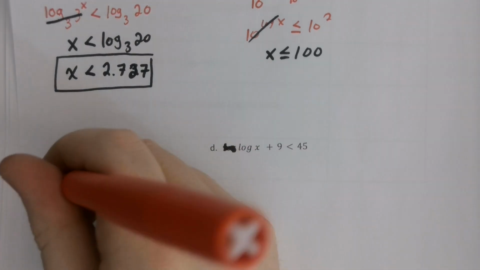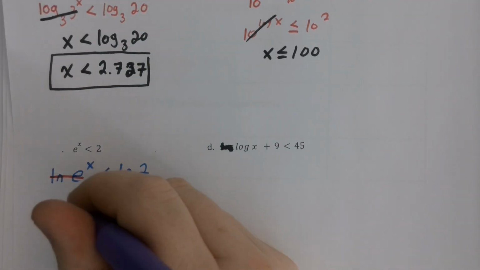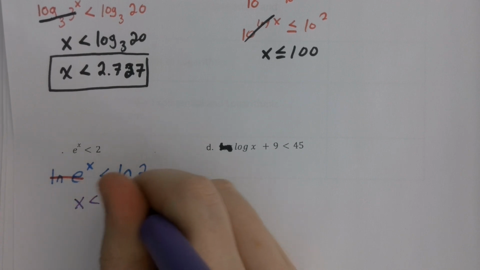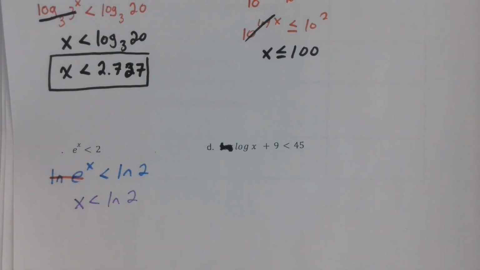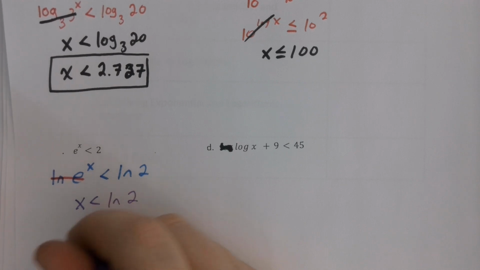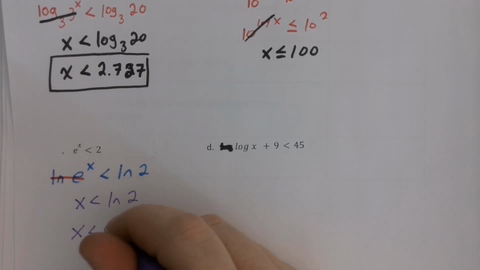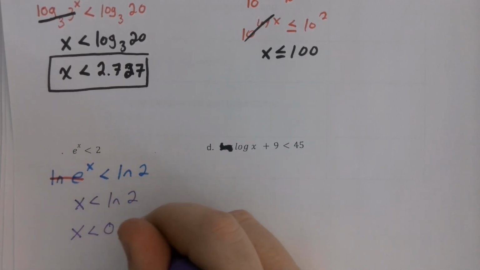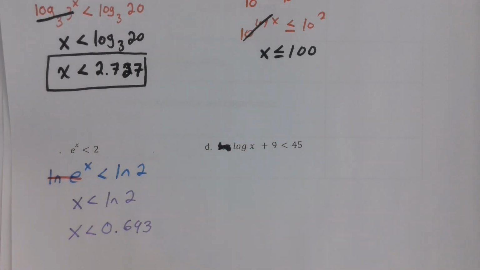Natural logs and e's cancel out, so we are just left with x is less than the natural log of 2. Hey, didn't we calculate the natural log of 2 earlier? I think we did during that very first exercise of the graphs. We calculated it was about 0.7. x is less than 0.693 specifically.